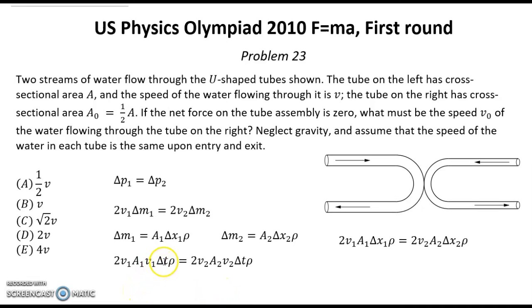We have delta t and rho cancelled on both sides, and instead of A1 we can put A, instead of A2 put 1/2 A, and finally we have this equation. And from here we can find what v2 is compared to v1. This is the answer. So the answer is C, correct.